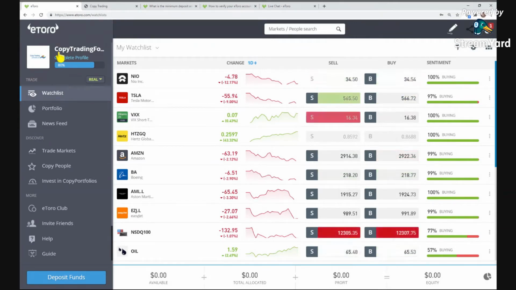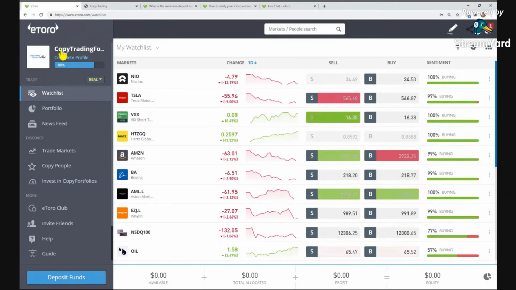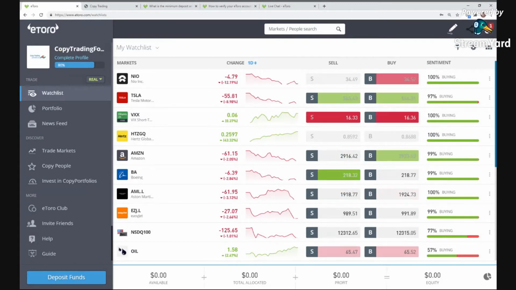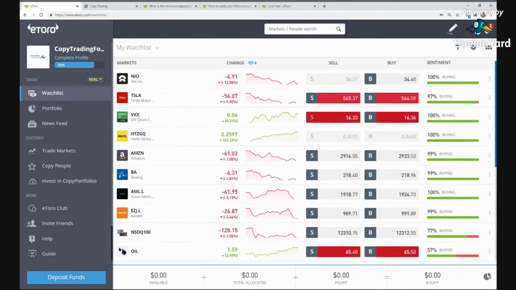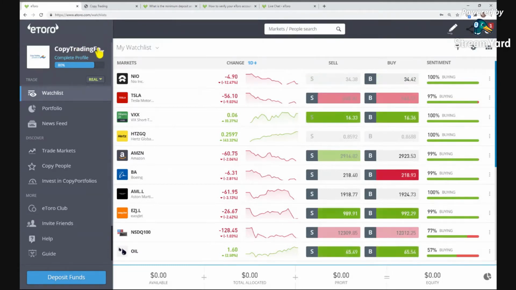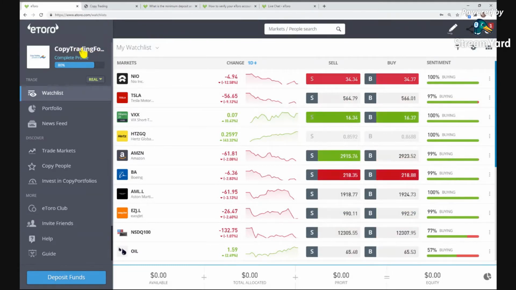First of all, I would recommend that you pick a username that is easy to remember. I picked Copy Trading Forum because my partner link also goes to copytradingforum.com, which will bring you to eToro through my partner link. So Copy Trading Forum is my name on eToro for my new account.